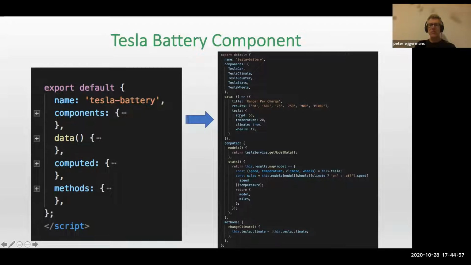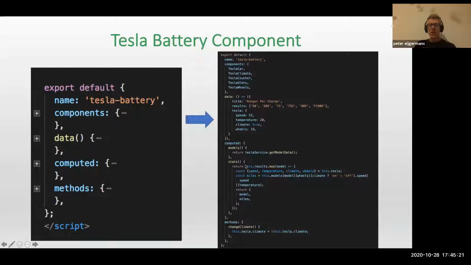That can be the speed and the temperature. He can also manage the climate and the wheels. In the computed section, we have a models function which returns all the Tesla models and all the lookup table I showed you in the beginning.